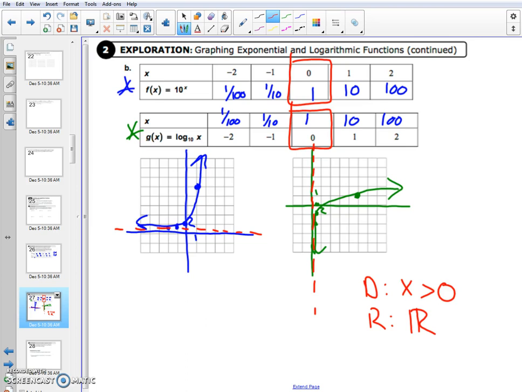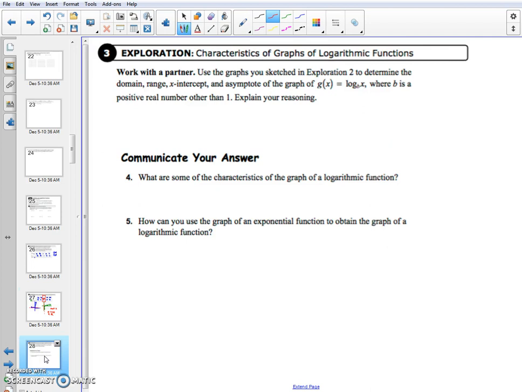So I know I'm always going to have on a log function then the point (1, 0). So my x-intercept is always going to be at 1. Okay? That's because on the exponential, I'm always going to have the point (0, 1). So this means on the log, I'm always going to have the point (1, 0). Alright, so that's kind of all I wanted to look at on that one.